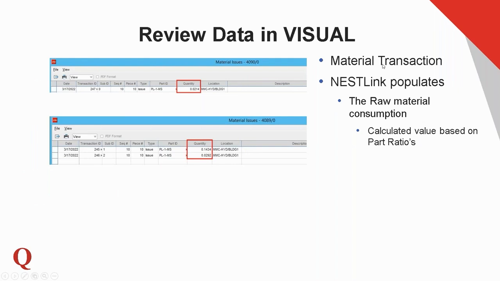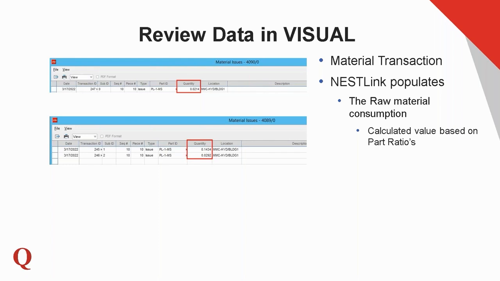Moving on to the material transaction, this is where NestLink updates the raw material consumption. The way it does this is by doing a calculated value for the material. It takes the true area of the part and then allocates a percentage of the scrap to that part.